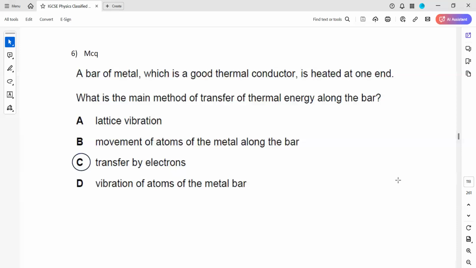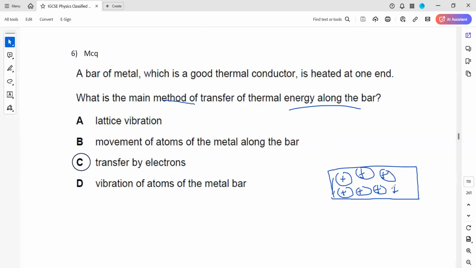In question 6, a bar of metal, which is a good thermal conductor, is heated at one end. What is the main method of energy transfer? In a metal, we have a lattice of positive ions.